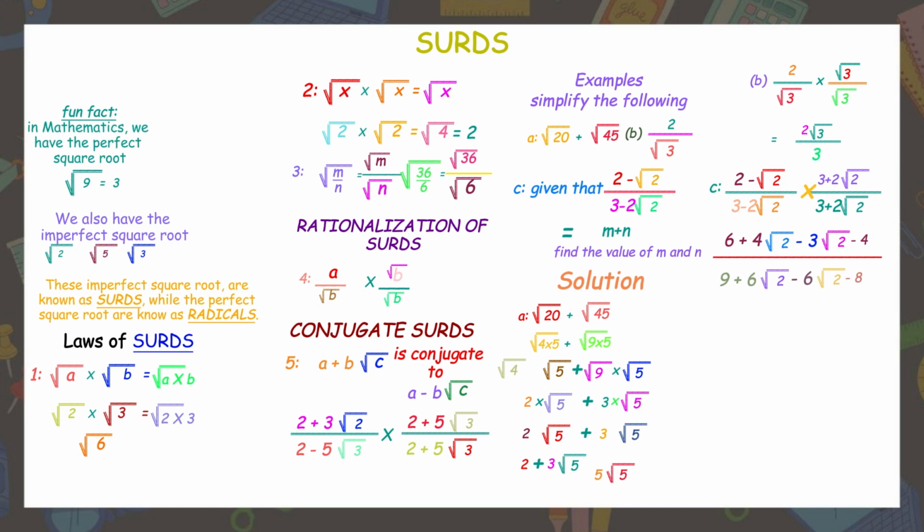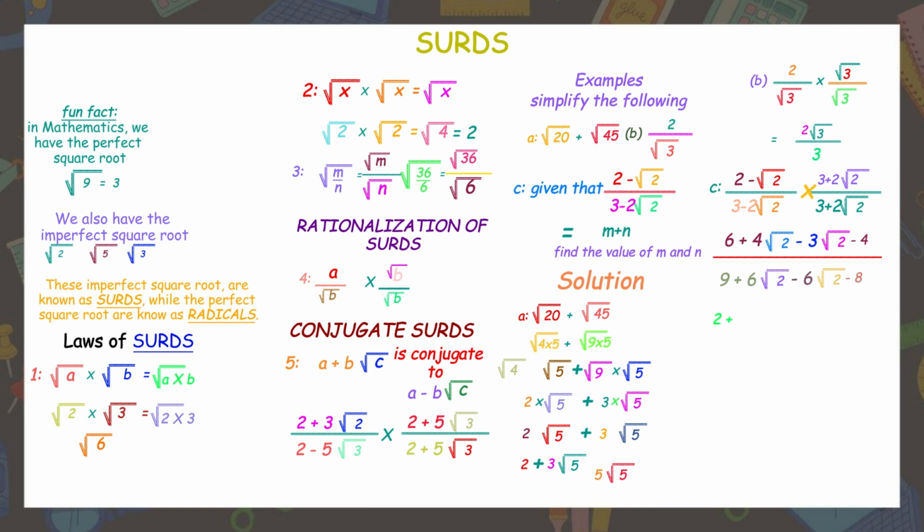Root 2 times root 2 will give us 2. 2 times 4 will give us 8. So we are going to have 6 minus 8, let's work out the terms that are related. 6 minus 8 will give us minus 2 here. Plus 4 root 2 minus 3 root 2.